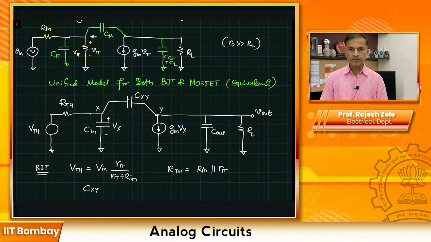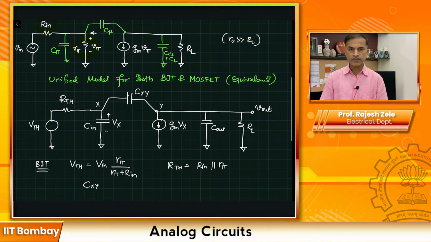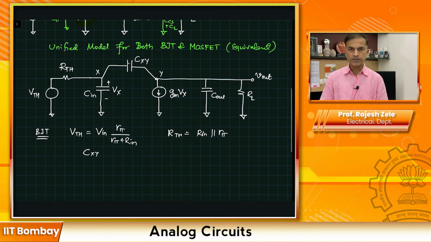CXY is the capacitance between node X and node Y, and our job is to split that gap CXY so that we have two capacitances which will go from node X to ground and node Y to ground. And once we do that, then we know how to figure out the frequency response of this circuit. From node X to node Y, we know that there is gain in both cases, either bipolar or MOSFET case. The gain from X to Y is equal to minus GM times RL.